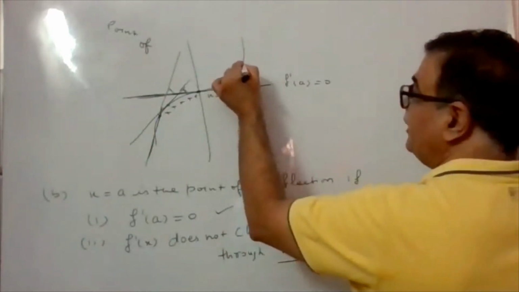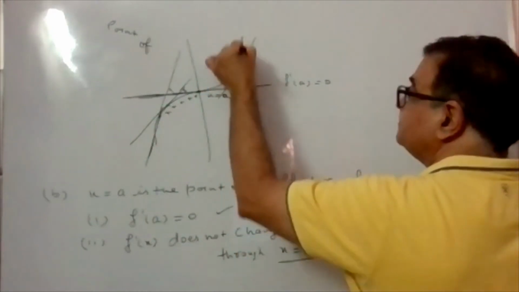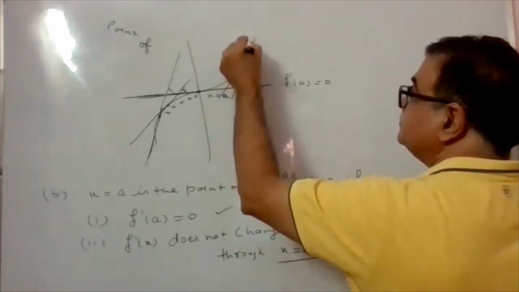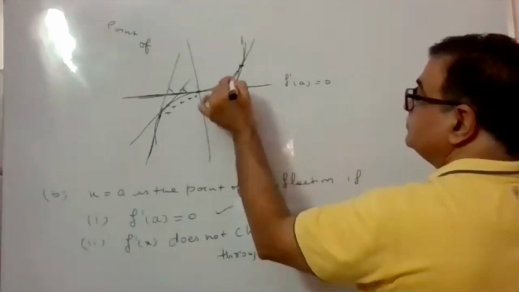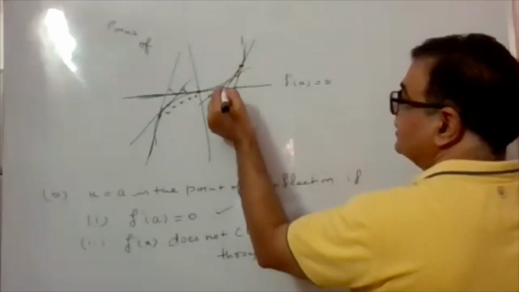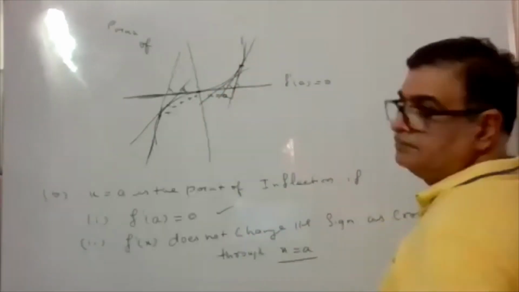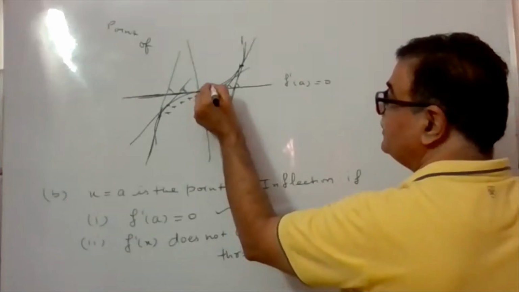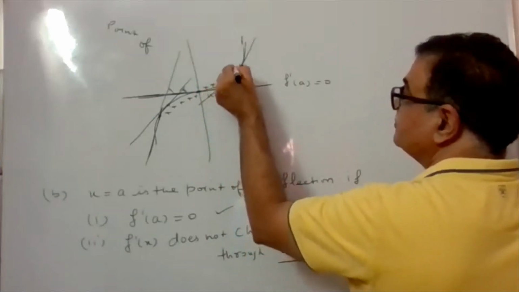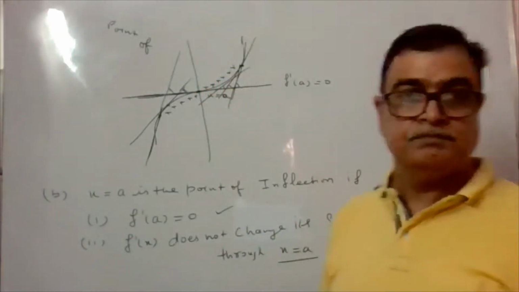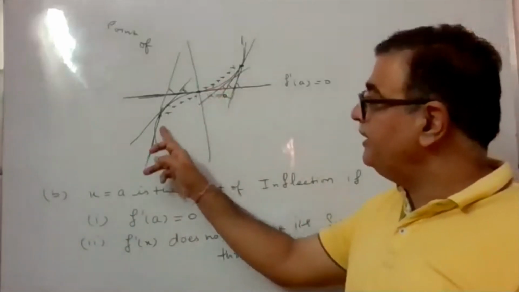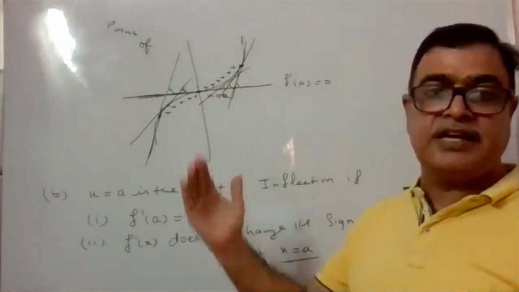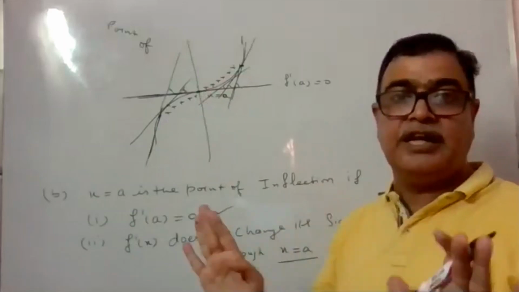On this side, if I draw the tangent here, whenever you draw the tangents here, then again the angles are acute. Whenever the angles are acute, we will say yes, it is still positive. So we should say that dy by dx, whether you take the left side or right side, whenever it crosses this point, it will never change its sign.